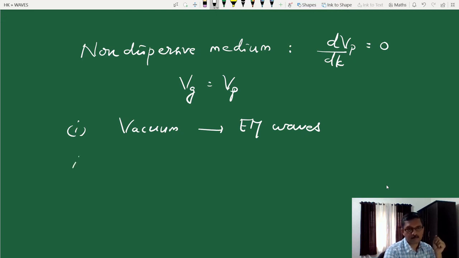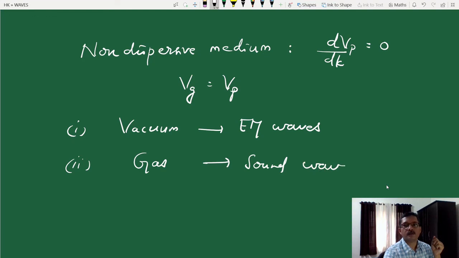Another example is that a gas is a non-dispersive medium for sound waves. When sound waves pass through gas or air, it acts as a non-dispersive medium, so different frequencies in sound do not move with different velocities. Otherwise, when we hear sound from a certain distance away, different frequencies would reach us with different velocities, and we would not be able to distinguish what is being said.